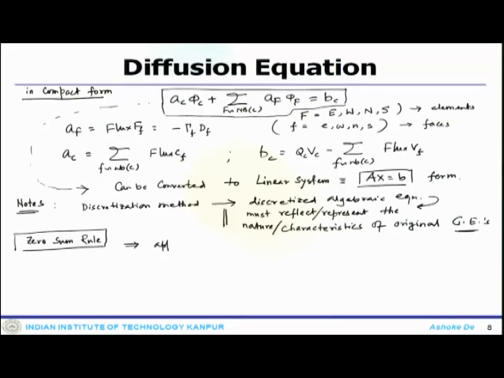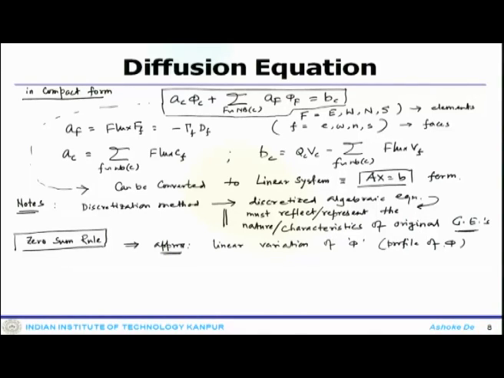The assumption was the assumption of linear variation of phi, or the profile of phi. That means, from one cell to another cell the variation was linear.